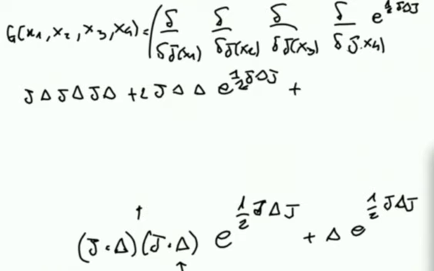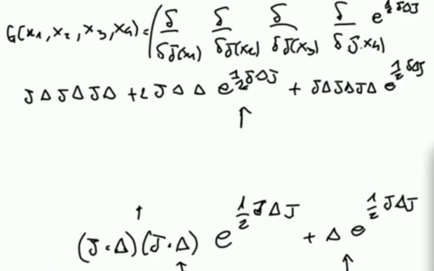Then I will get a term in which I act here, and I will get j delta j delta j delta e to the 1/2 j delta j. That's when I act here. And finally, I have the terms where I act here.